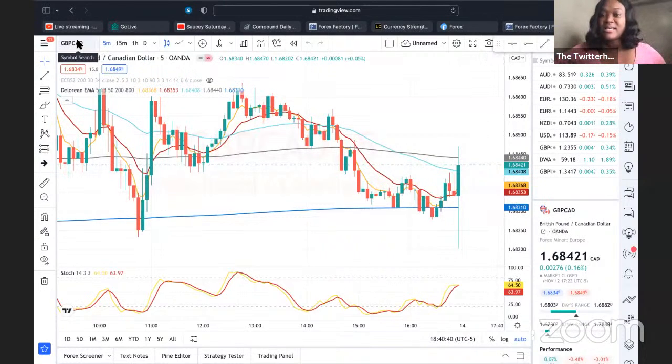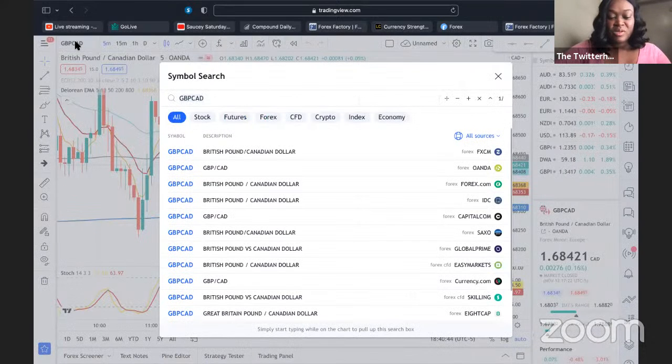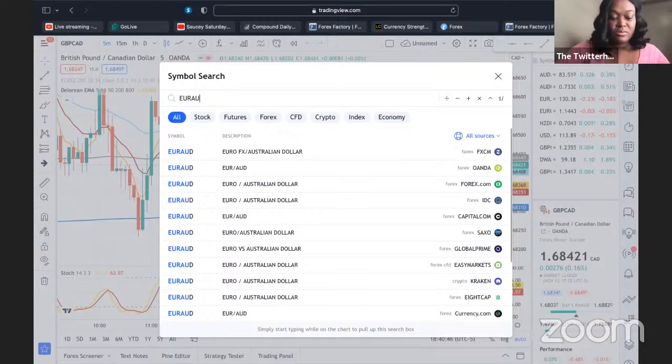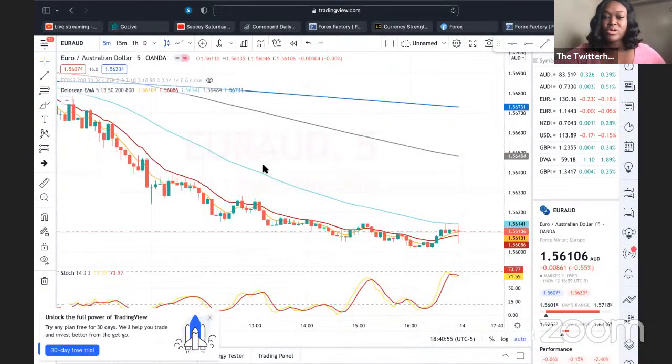So we had said Euro AUD, right? Euro AUD, and I always use OANDA because that coincides with the pricing in the broker. And remember, Euro being on the right as the weakest currency, I said it should be a downward trend.